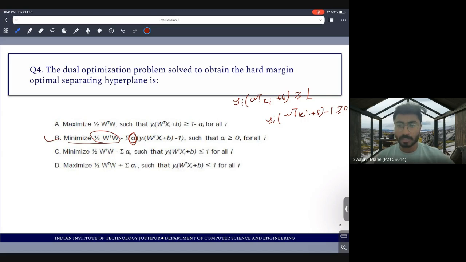So maybe you can recall this equation if you want to understand it deeply. You may watch the last lecture again, and if you have any doubts, let me know.